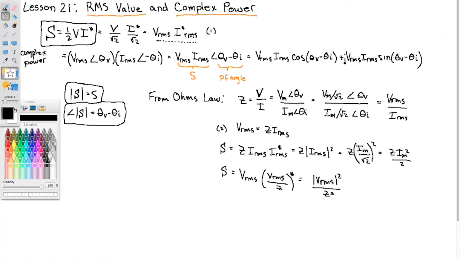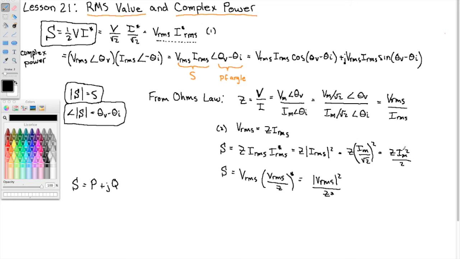Now, since the complex power is a complex number, it has a real part, we'll call that P, and an imaginary part, we'll call that Q. Mind your P's and Q's.